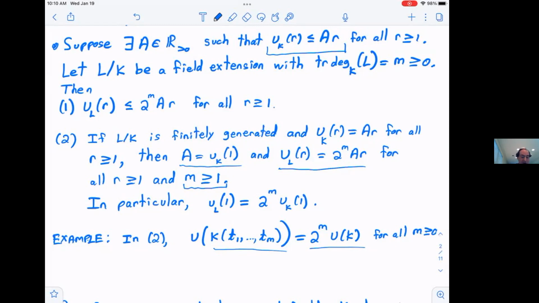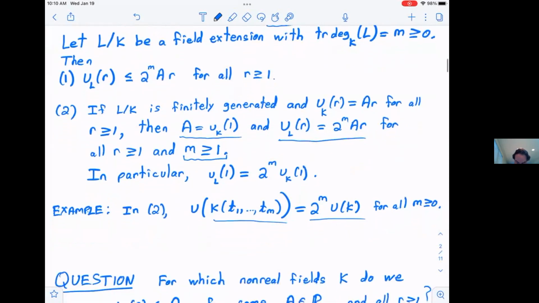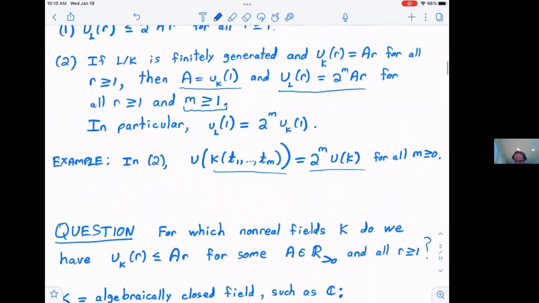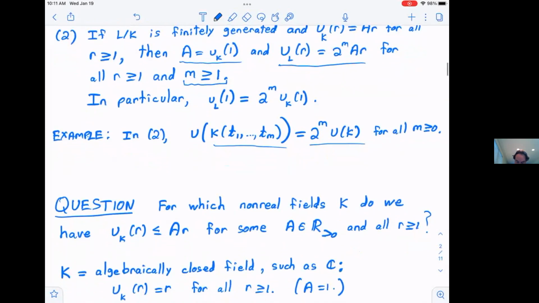That's the hard question. And once you have this very difficult hypothesis, then all of these results flow easily. The proofs turn out to be rather elementary, and you're in great shape. All right, so that's the question I asked here. For which non-real fields is the U invariant for systems bounded linearly?